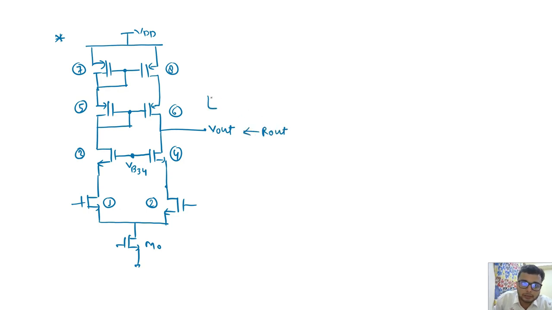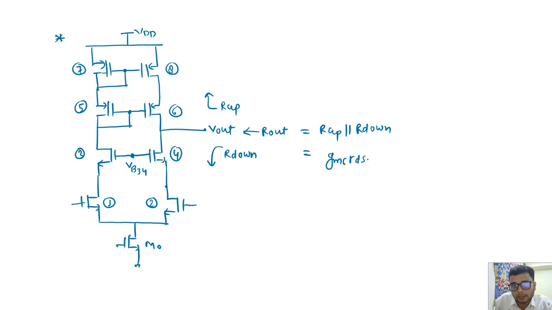R out is again the parallel of R up and R down. And R up we also know: gm6 RDS6 times RDS8, parallel with gm4 RDS4 RDS2.